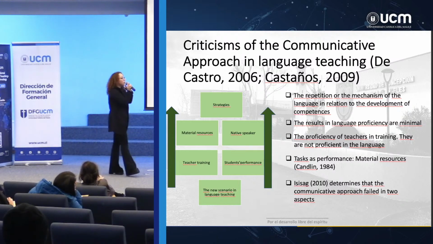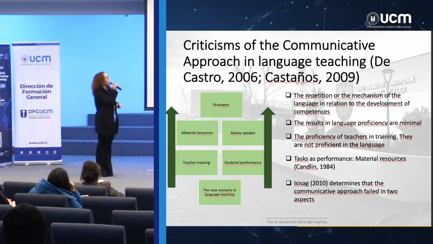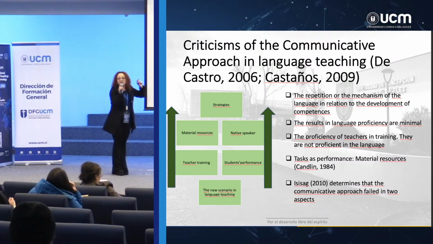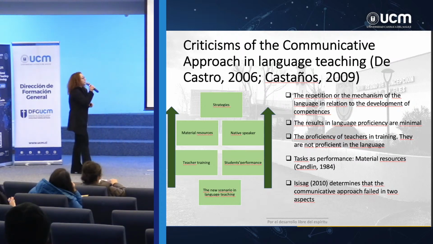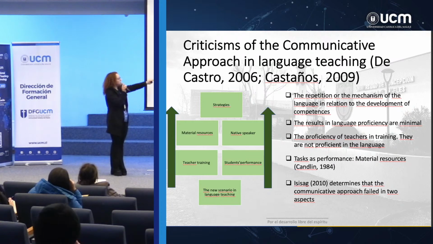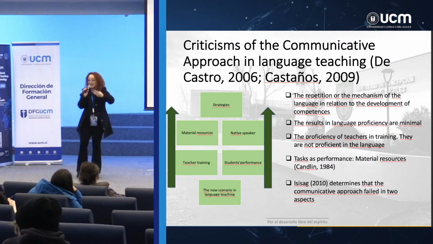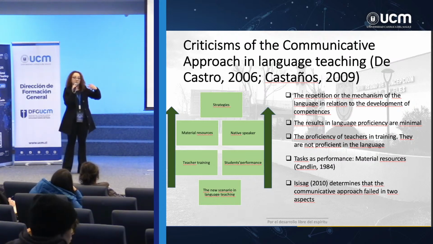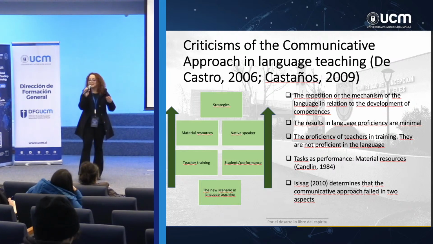These are some of the questions they made. The material resources were non-communicative strategies or materials used in classrooms, and the same with the students' performance. We needed more students speaking English, but the quality of their English was decreasing in a way that universities needed students.